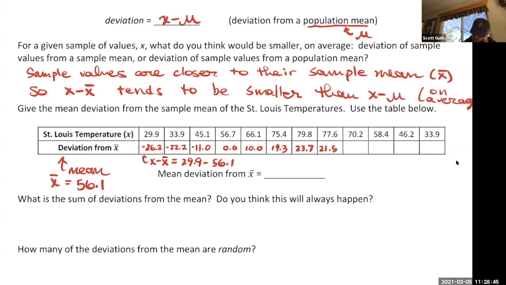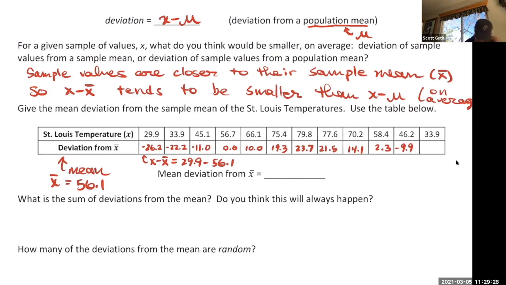Just subtracting 56.1 from all of them. The next one's 14.1. We got 2.3 now. Now they're going negative, 9.9. That's because the temperatures are now below average.